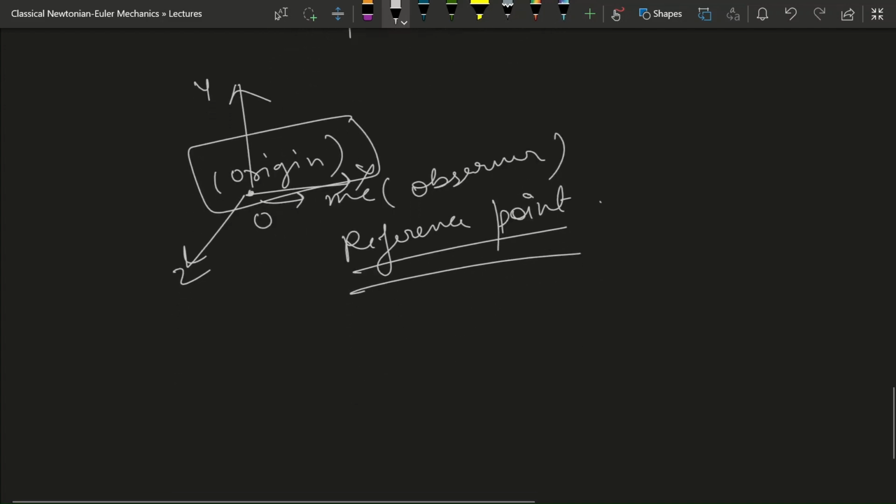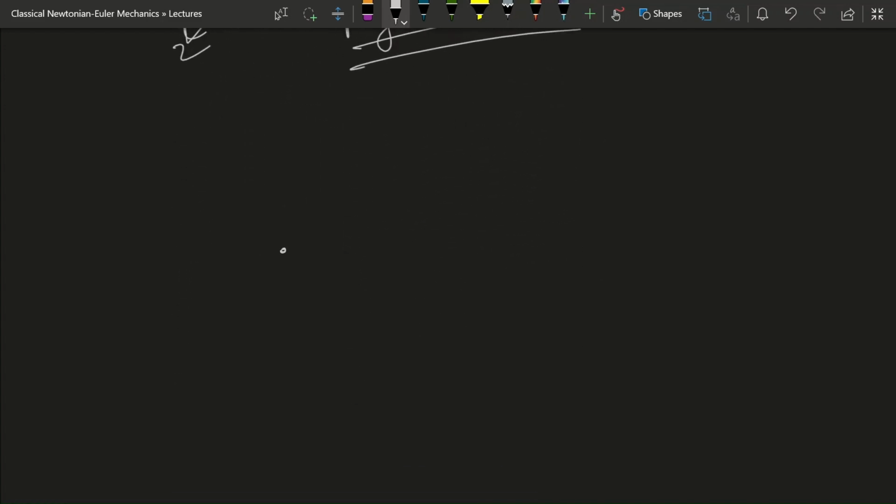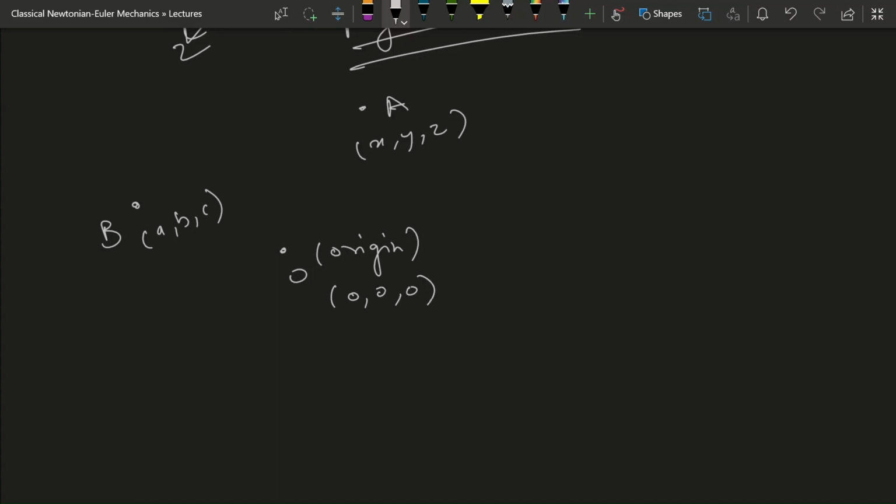What does it mean? Suppose there is another point B. This is A, this is B, this is O. A is going to have some coordinates, B is going to have some coordinates. Okay, and I am assumed at the origin, that is 0, 0, 0.